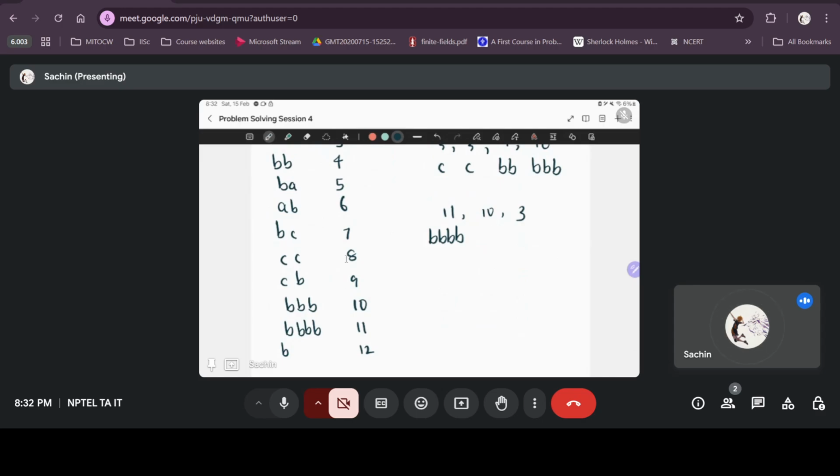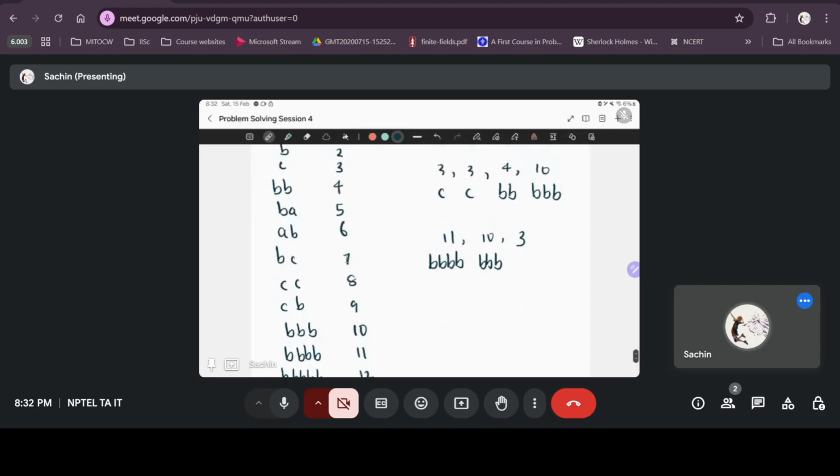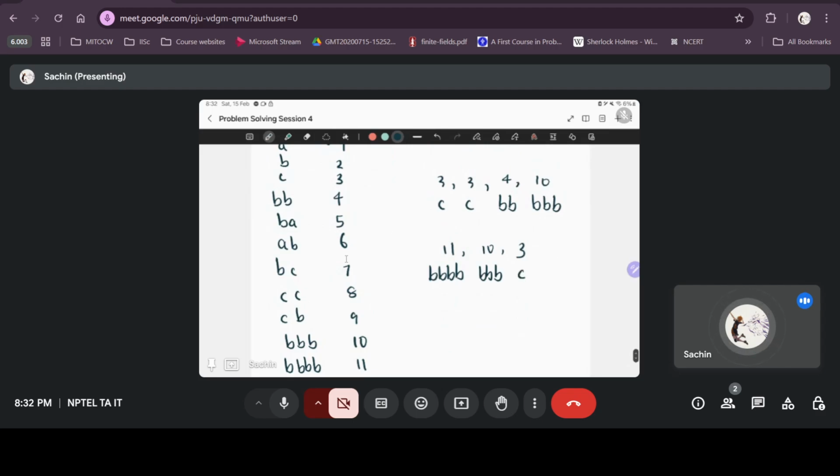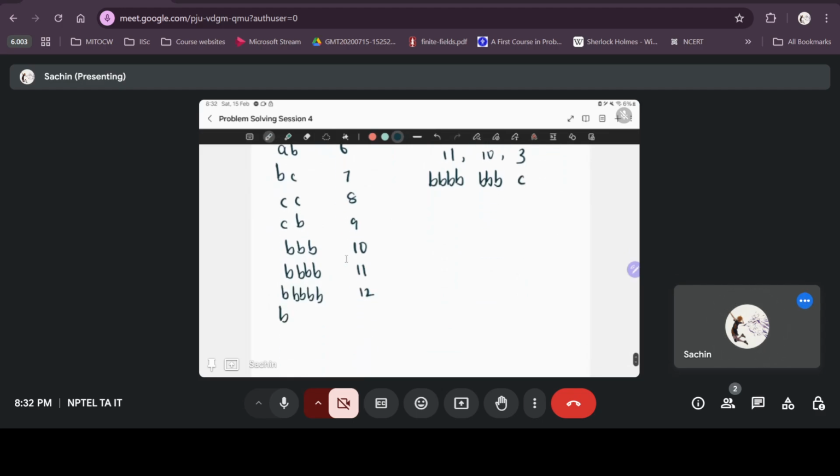Then you received BBB, so 12th code is 5 Bs, and then you received third code is C, so BBBC is 13th code.